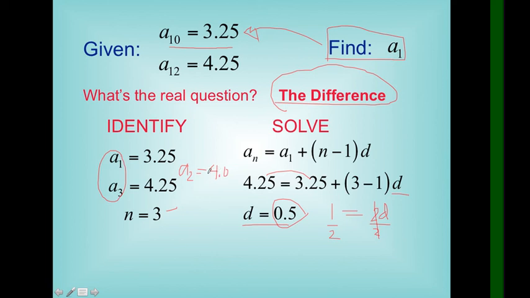No, this is 3.75. Sorry. A sub 2 is equal to 3.75. Because if I add 0.5 again, it will become 4.25. Right. So, 3.75 will be our second term.